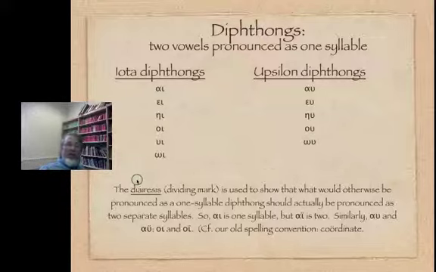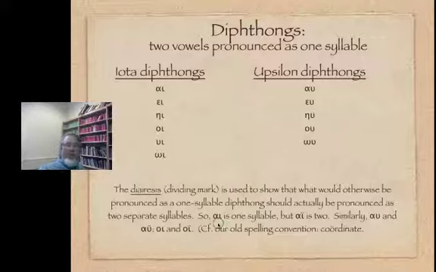Occasionally, on what would otherwise be a Greek diphthong, you'll find a diaeresis, a dividing mark, which is a double dot. You'll find it located over the second vowel of what would otherwise be a diphthong. And what that diaeresis means is, don't pronounce this as one syllable, a diphthong. Instead, pronounce it as two separate syllables, two separate vowels.